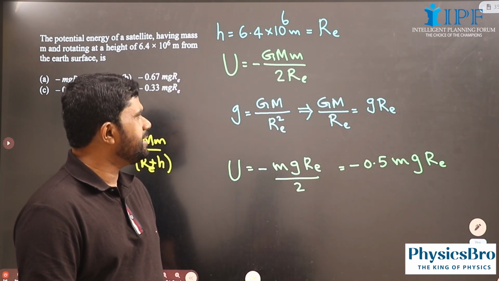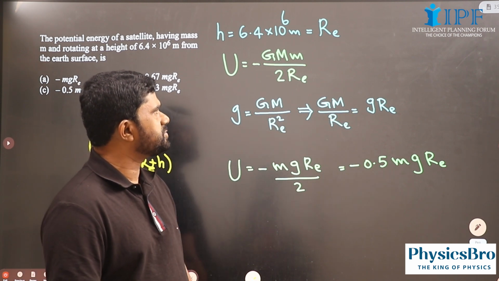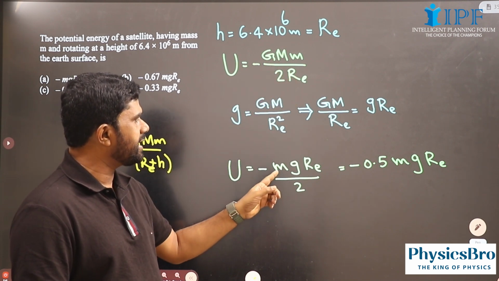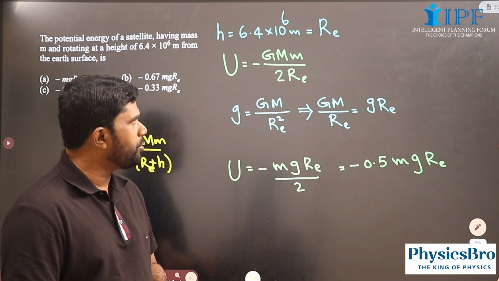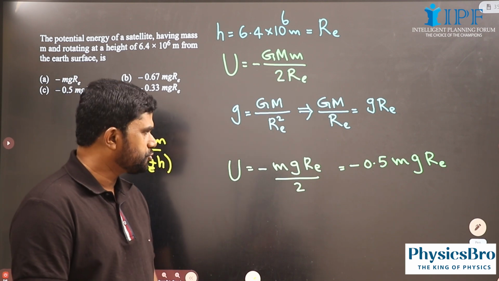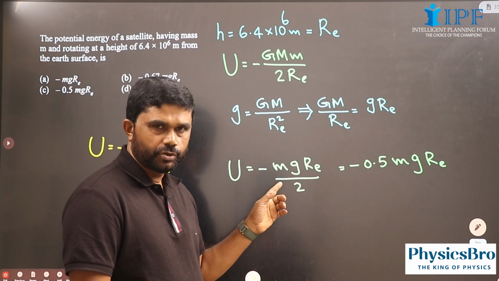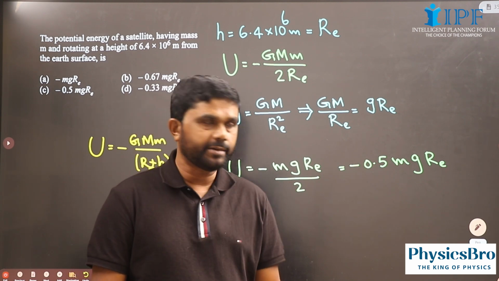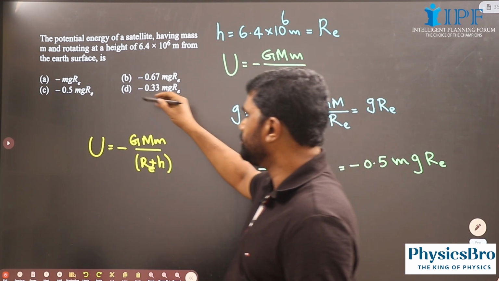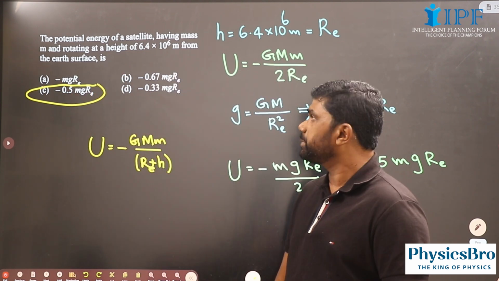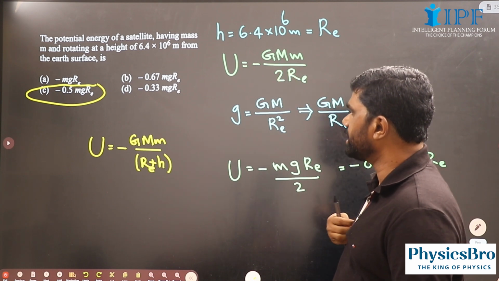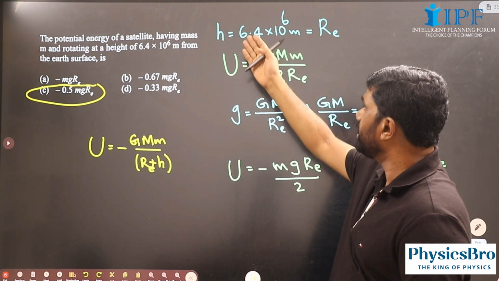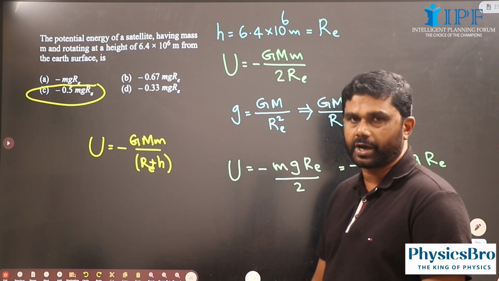So GM divided by Re we can write as small g into Re, then we have small m. So this will be minus mgRe by 2, or minus 1 by 2 we can write as minus 0.5 mgRe. This is the expression, since the potential energy is actually minus GMm divided by Re, radius of Earth, plus height. And the height we have equal to the radius of Earth, so we get 2Re.